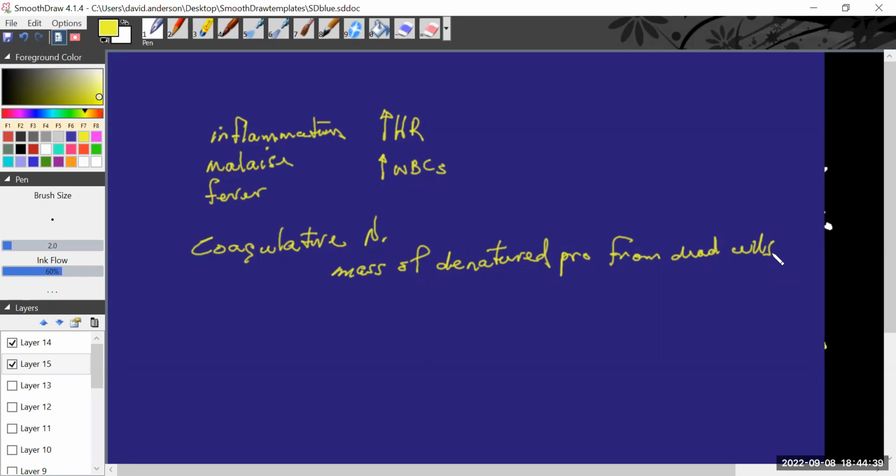And that mass of protein, before it's completely degraded, may provide a nice little focus for an infection, a nice little target of nutrients for a virus or a bacteria that happens to be circulating nearby. So that's coagulative necrosis. There's something called liquefactive necrosis.